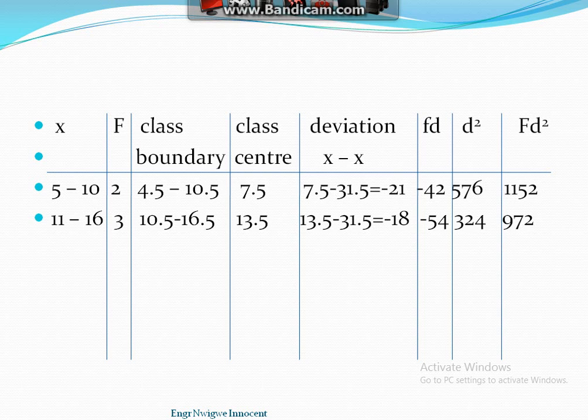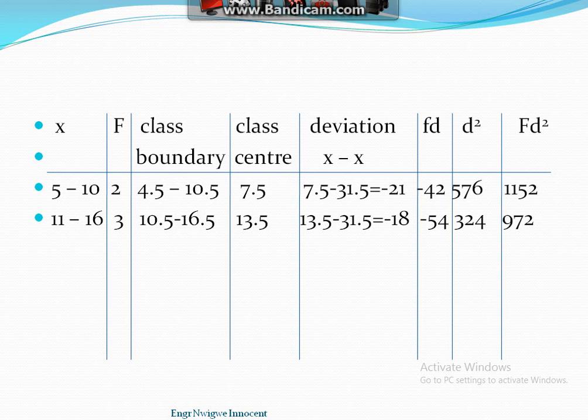When the weight of the pupils is from 11 to 16, the frequency f is 3. The class boundary is from 10.5, that is 11 minus half, to 16.5, that is 16 plus half. The class center will become 11 plus 16 divided by 2, which will give us 13.5.